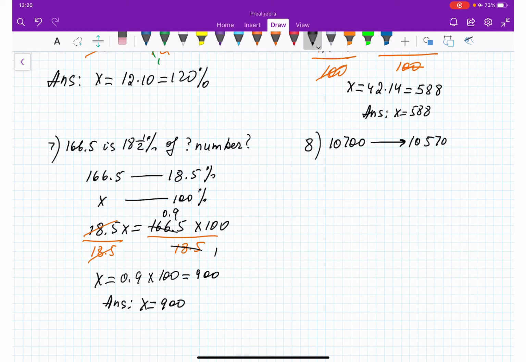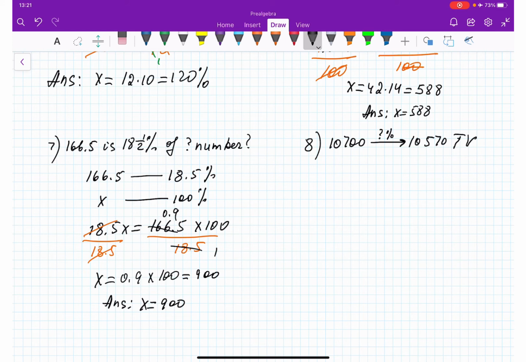Find the percent of decrease. How many percent is this decrease making? So let's find out. What is going to be 100% here? I am curious.